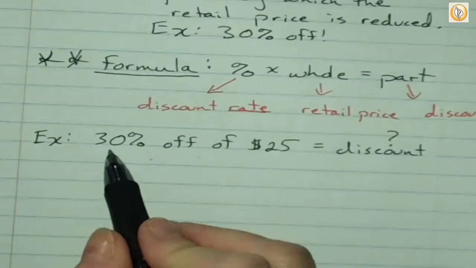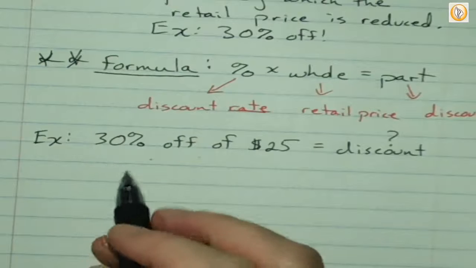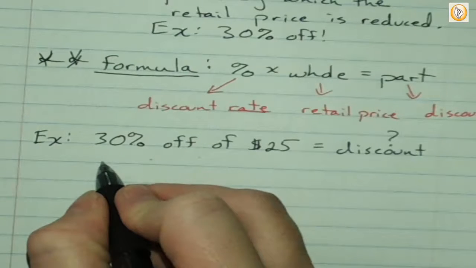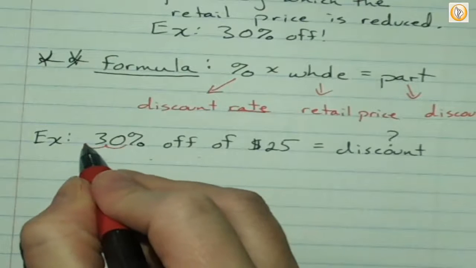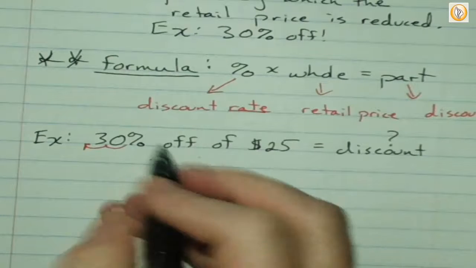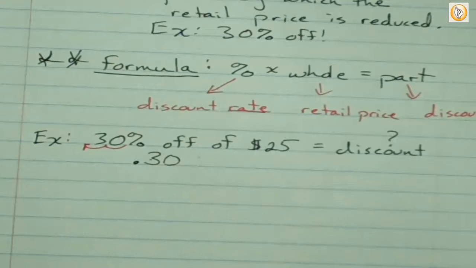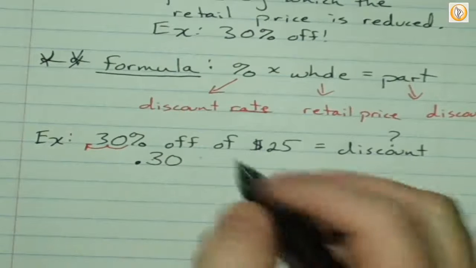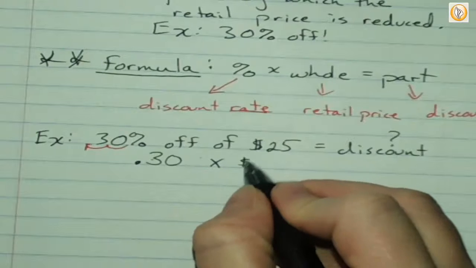So, Ataya, what do we do to percent? Yeah, okay, so she's correct. We moved the decimal 2 places to the left. So we have 0.3. We'll just go with 0.30. What is of? And then $25.